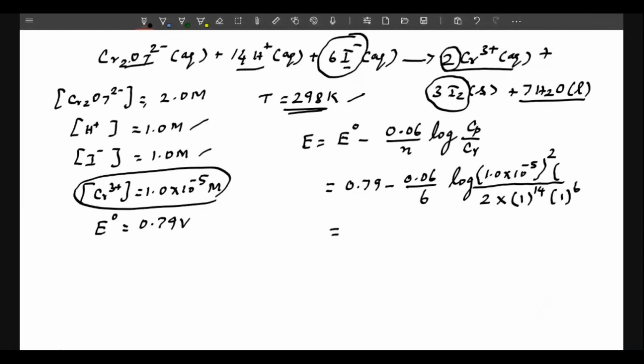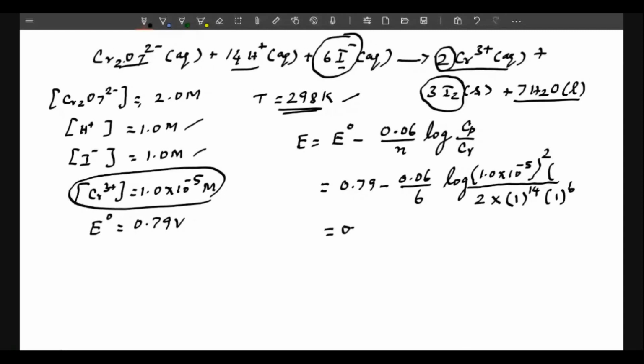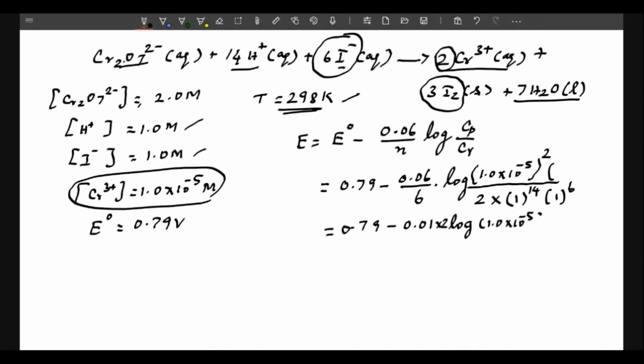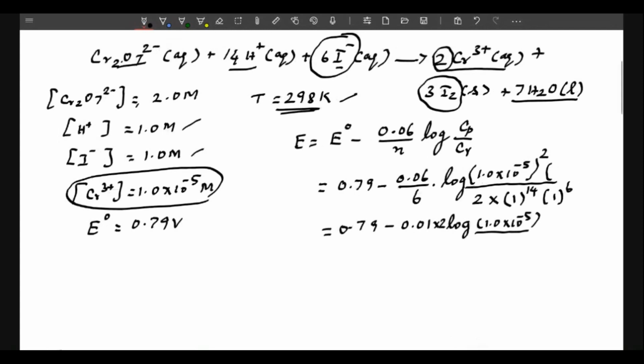Therefore, now it is equal to 0.79 minus 0.01 into log of... This 2 can also be brought before, into 2, into log of 1 into 10 power minus 5 by 2. This is the simplified equation.